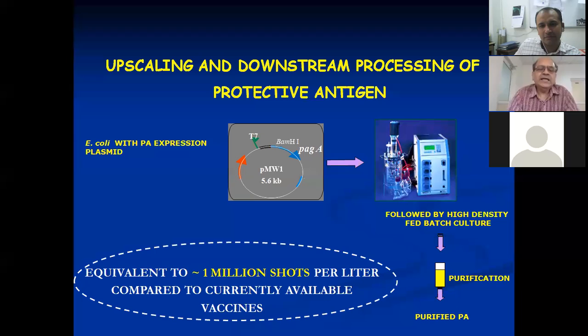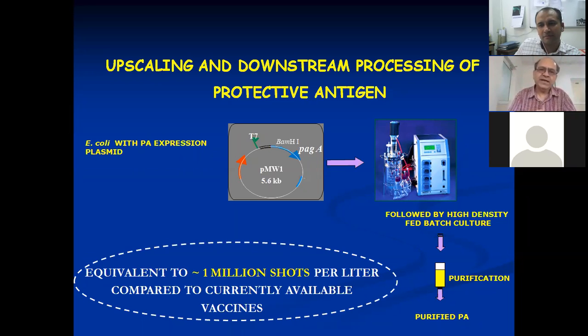So then what I did, I went to DBT again and told them this is the situation. Is it possible for you to give me more funding so that I can buy these fermenters, bioreactors in my laboratory, and I can upscale, and then I can talk to the companies about how many doses it can make after upscaling.